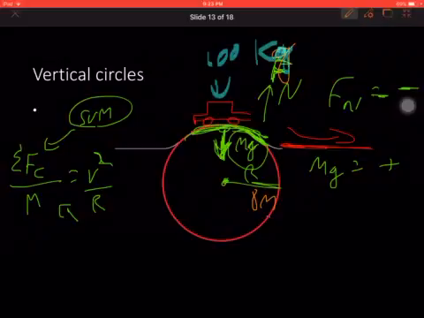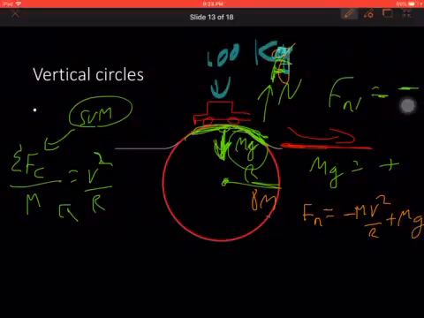So, do the same thing. We found Fn to be negative mv squared over r plus mg. So let's do that. Fn is negative 100. Oh, I didn't say velocity.